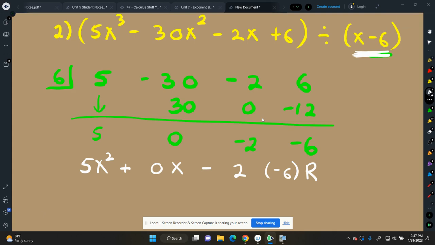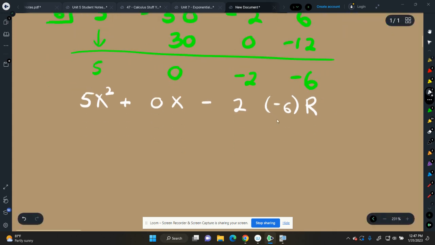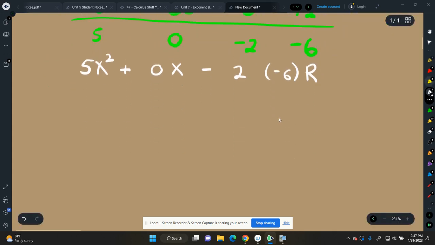Now, let me just go back to some actual numbers again. Just hang on to it. So if I had 37 divided by 12, let's keep it a smaller number. 37 divided by 12.